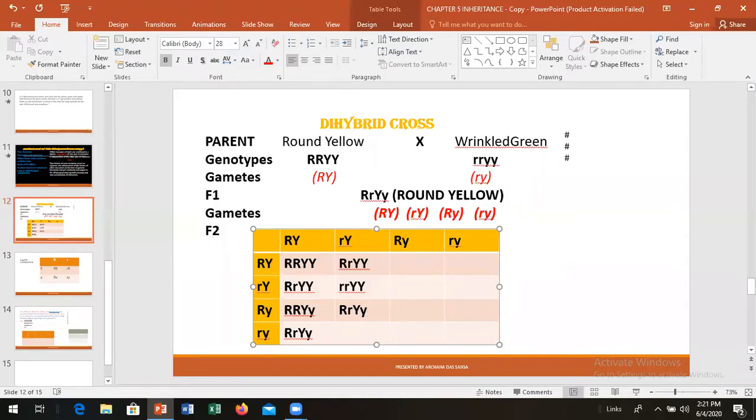Not necessarily does the capital have to come first and the small second, but by convention our work becomes easy, so we put the capital first. The dominant is first. You can do it the other way around also. So here it is capital Y and small y. I'm doing this for you.